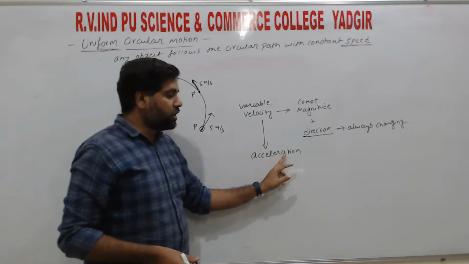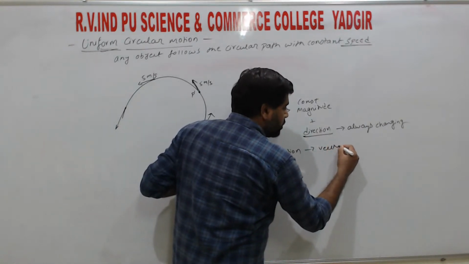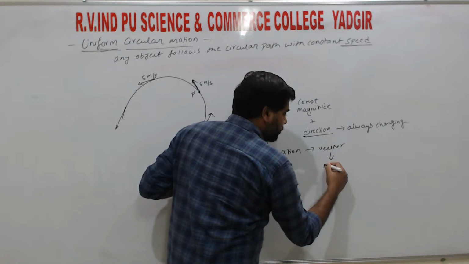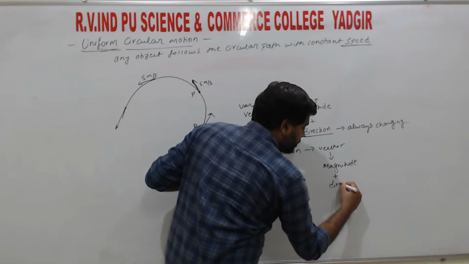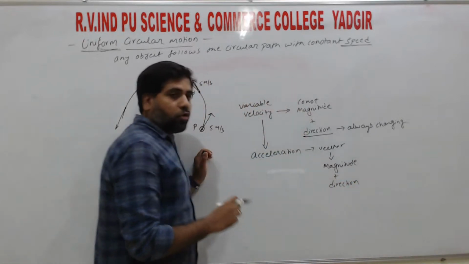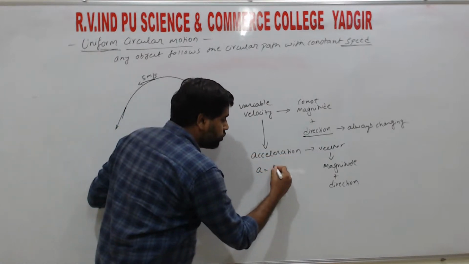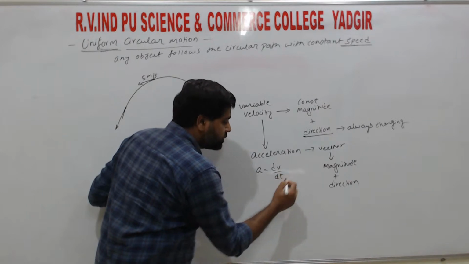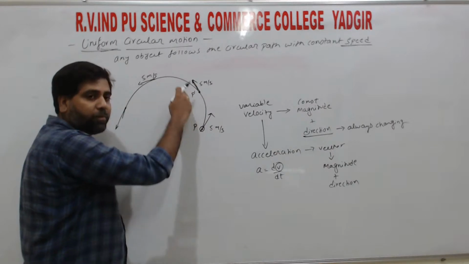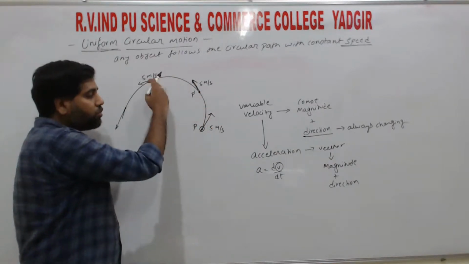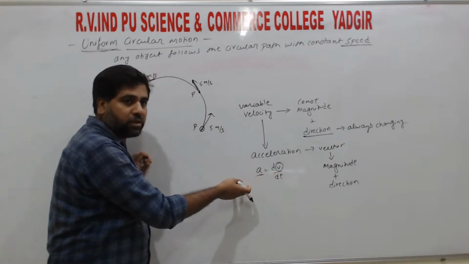Acceleration is also a vector, having magnitude plus direction. We define acceleration as the rate of change of velocity with respect to time. If the velocity remains the same, the change in velocity is zero, then acceleration becomes zero.